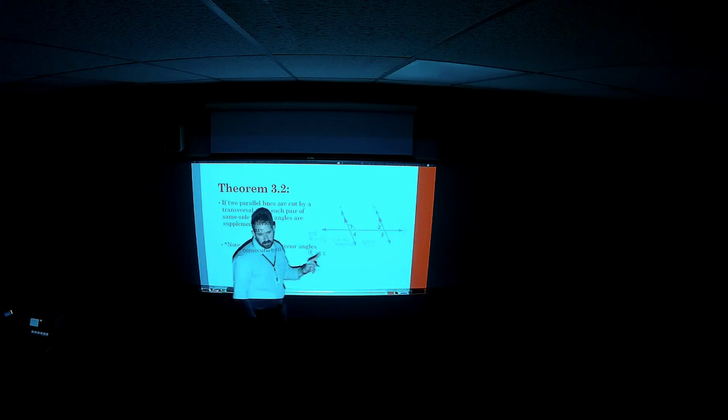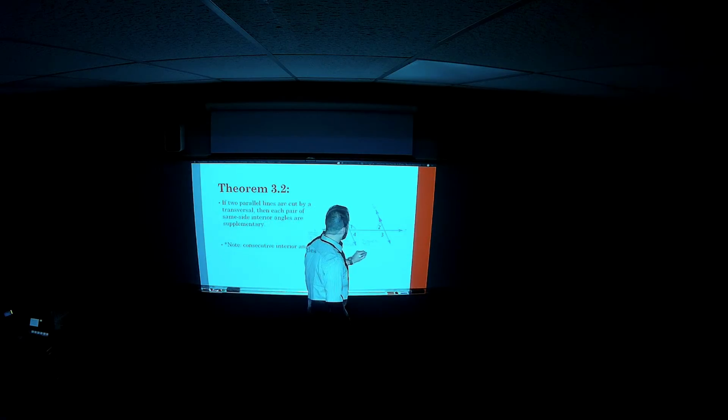What's the alternate interior to 1? 3. It's automatically equal to 3. And the reason why this works, it was called the alternate interior angle theorem. So 1 and 3 are the same.